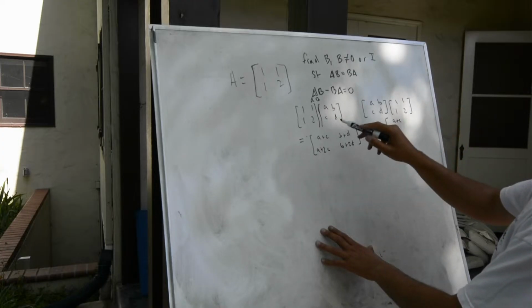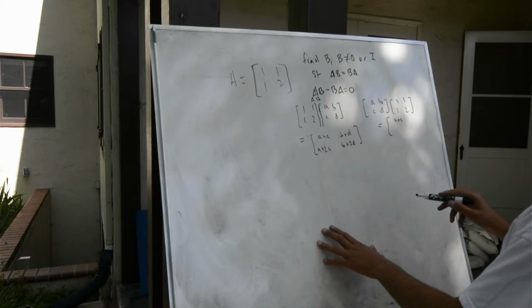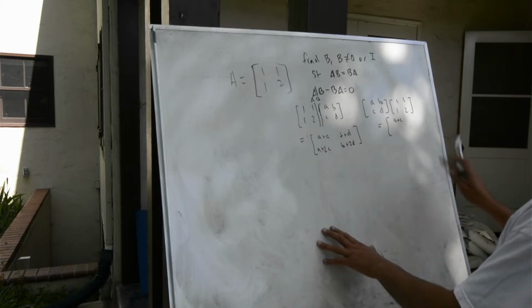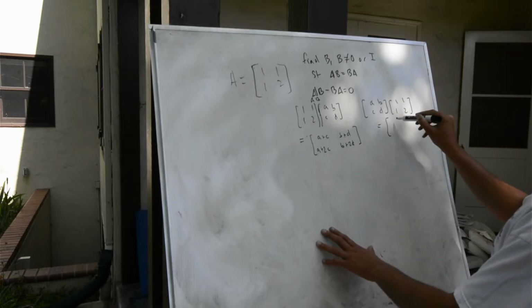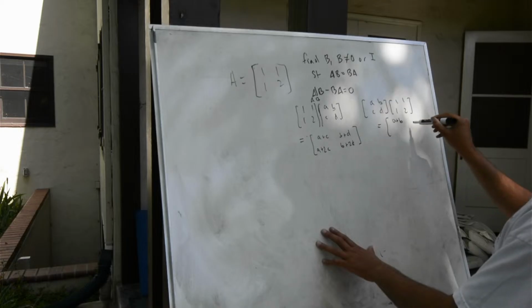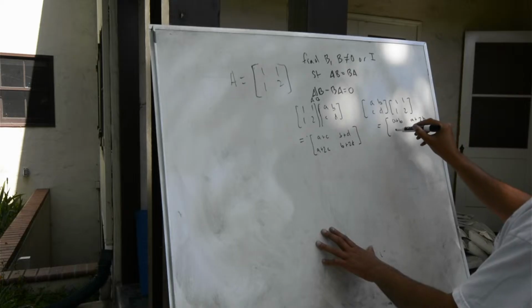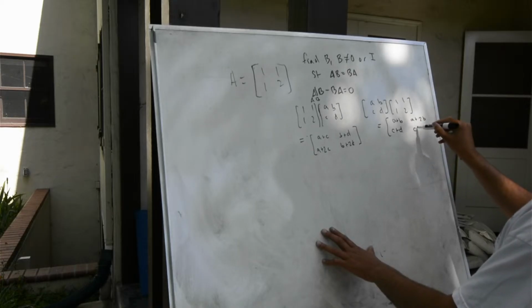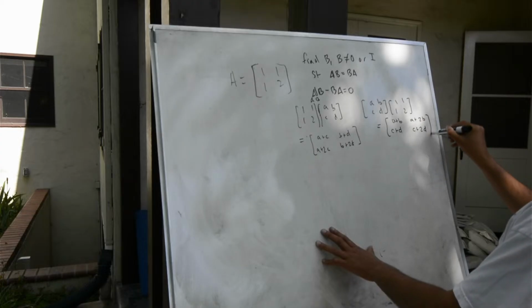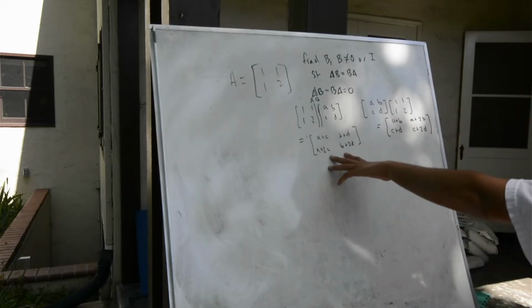Did I do this wrong? A plus B, A plus 2B, C plus D. Is that right?